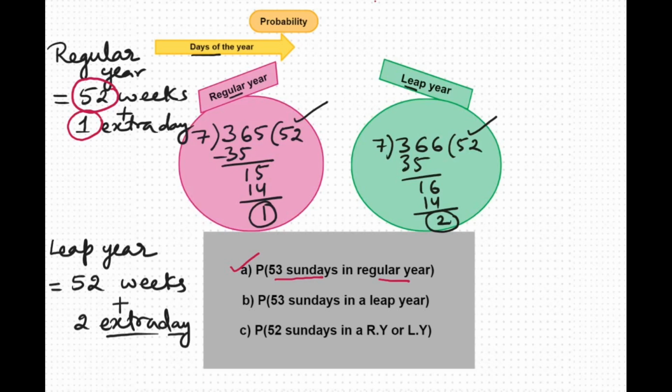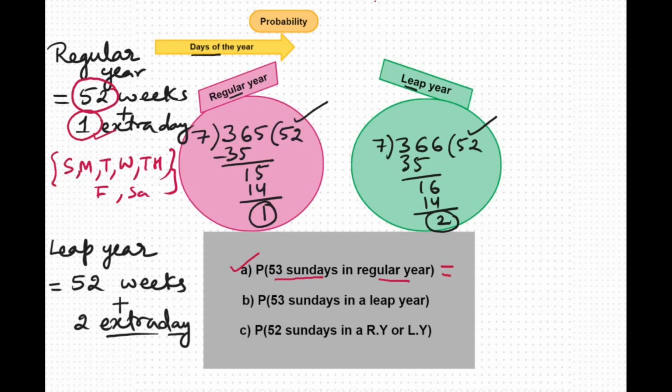So we have to write the sample space for this one day and search for a Sunday. That one day can be a Sunday, a Monday, a Tuesday, a Wednesday, a Thursday, a Friday, or a Saturday. So there are 7 outcomes in this sample space.